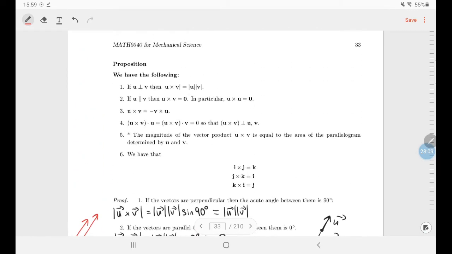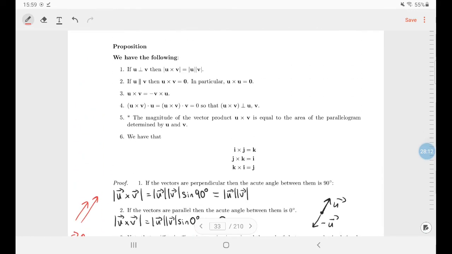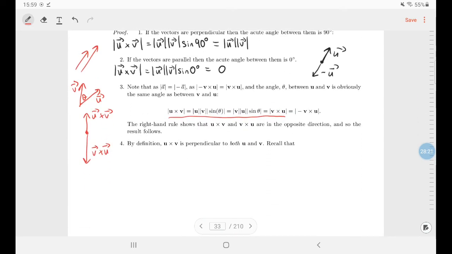The fourth thing is saying that the dot product of u with u cross v is 0, and the dot product of v and u cross v is 0. So all that's saying is that u and v are perpendicular to the cross product. By definition, u cross v is perpendicular to both of them, and then just remember that two vectors are perpendicular to each other if and only if their dot product is 0.